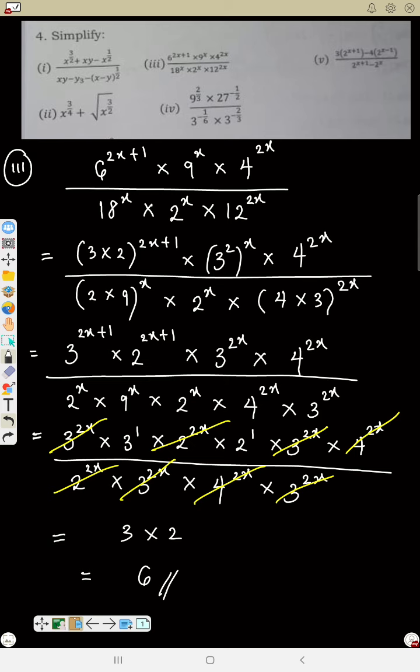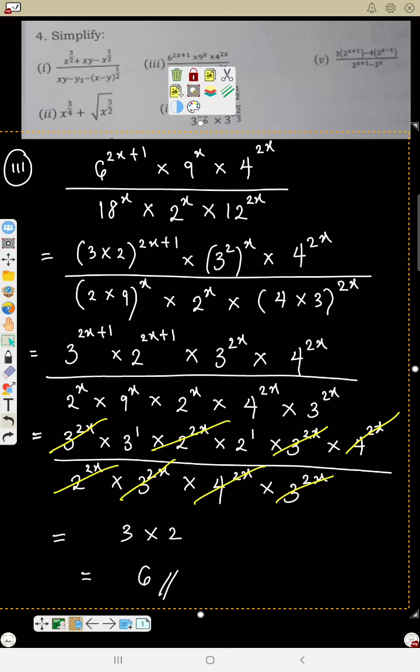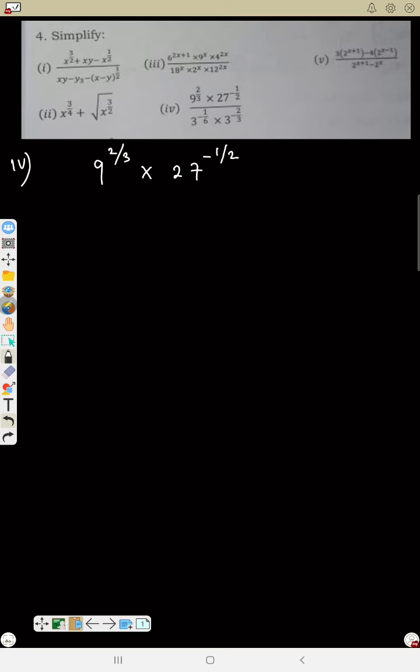Now let's do the next one. IV. So 9 raised to power 2 over 3 times 27 raised to power minus 1 over 2 divided by 3 raised to power minus 1 over 6 times 3 raised to power minus 2 over 3.